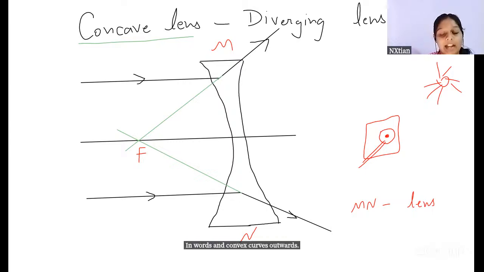So basically, that is the reason why the rays falling on the concave mirror diverge. Because its reflective surface is inwards, that is why the rays basically diverge.